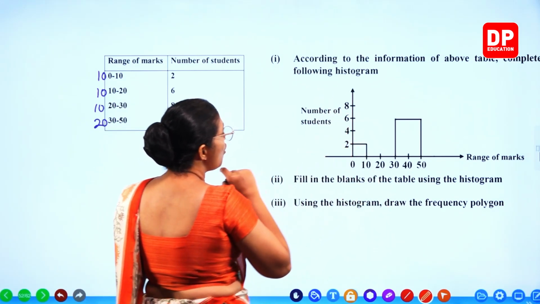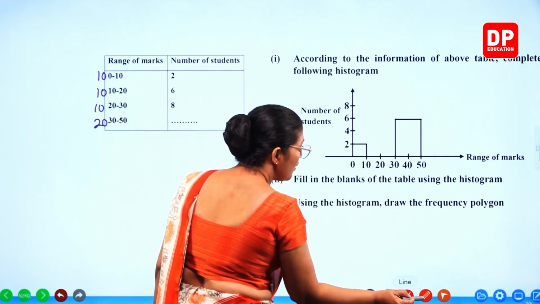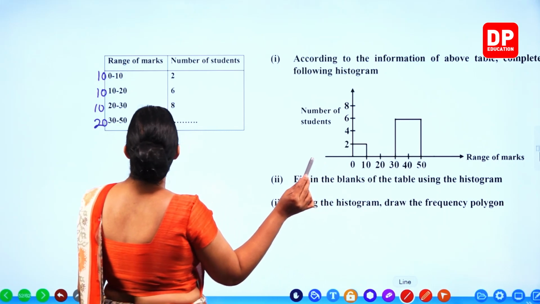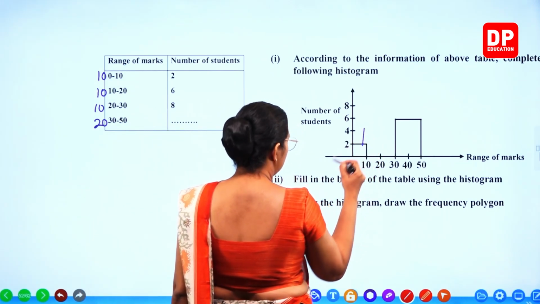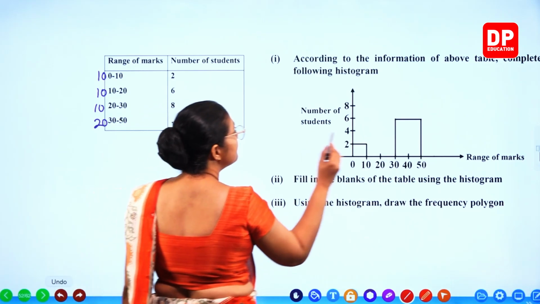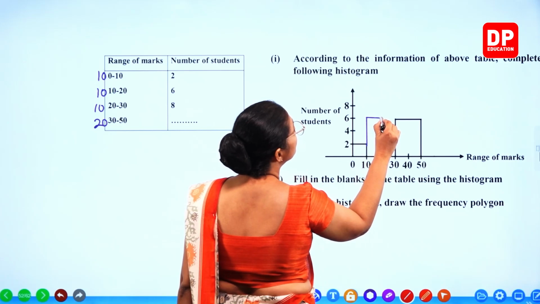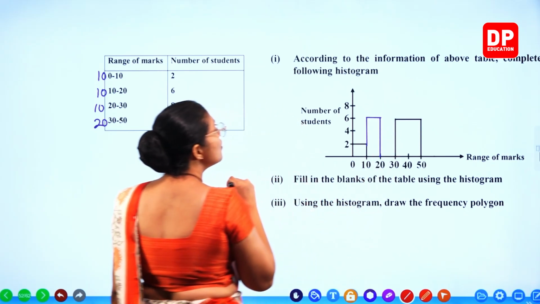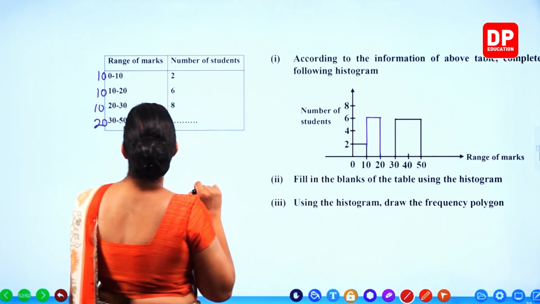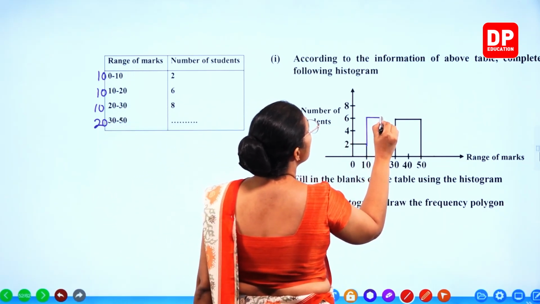First, we'll draw the histogram. Here, 10 to 20, that's 6. So straight away, you can get the same height. 20 to 30, that's 8. So that means the height is 8.